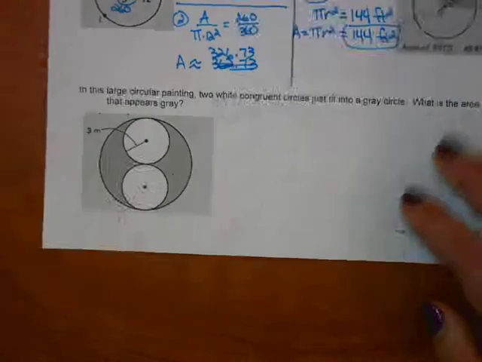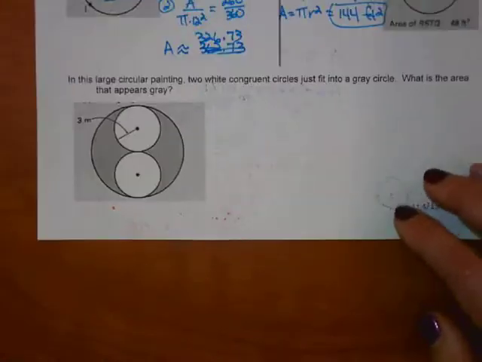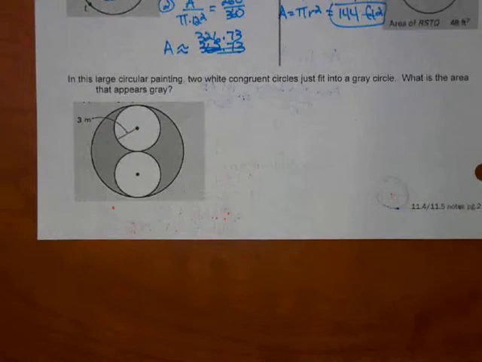Okay, last one. In this large circular painting, two white congruent circles just fit into the gray circle. What is the area that appears gray? Let's analyze this a little bit. Everybody look at it and see if you can figure out how you would do this.